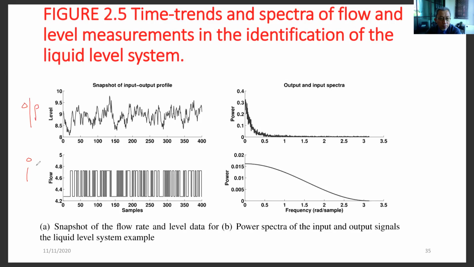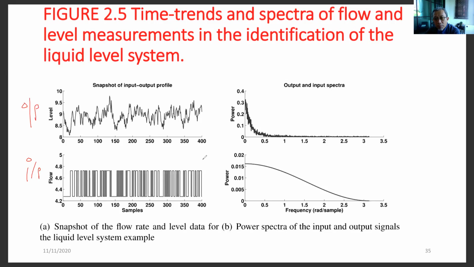The input we inject goes to the control valve, and then the output is shown here. You can see that the output tries to follow the PRBS as well as possible: level versus samples, and flow versus samples.